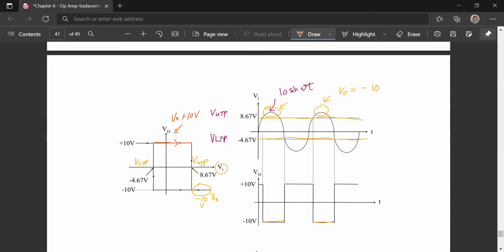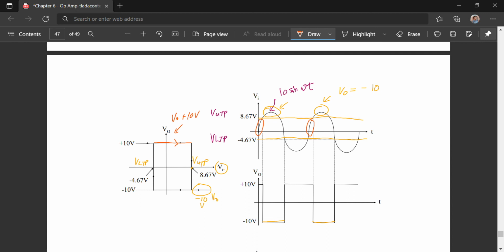So here is VLTP. Here, your Vin is greater than minus 4.67, and also at this part, greater than, because the signal is going like this.